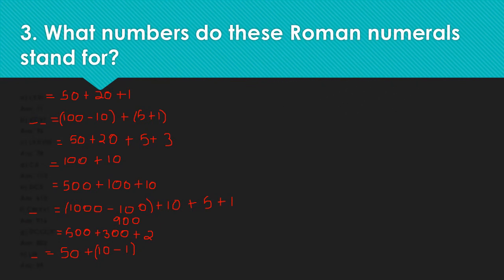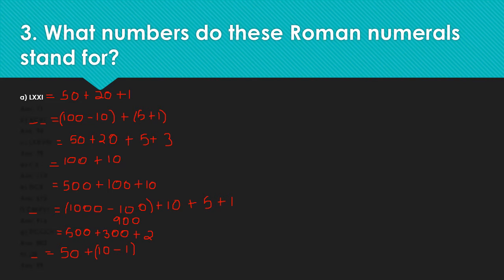Next, third problem. What numbers do these Roman numerals stand for? So Roman numerals are given. You have to find the Hindu Arabic numeral. So first problem, that is A. What is the numeral given? L, X, X, I. First write the Hindu Arabic numeral for the Roman numeral.